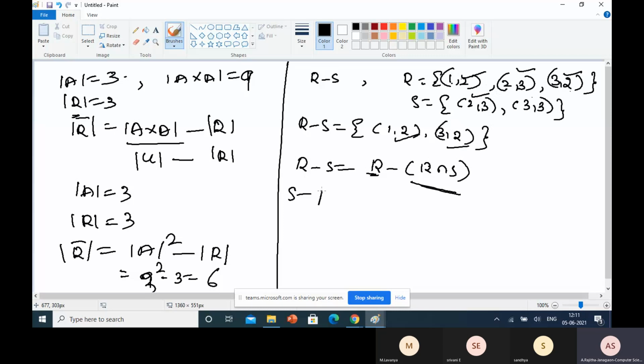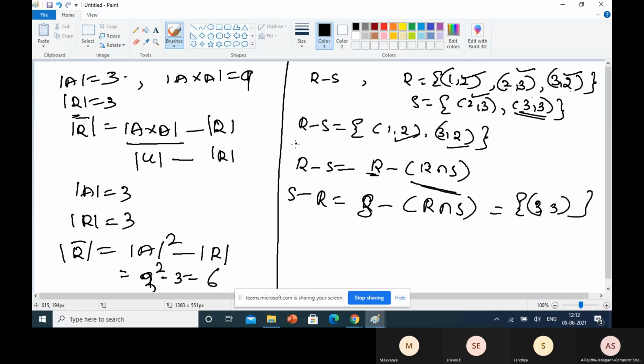Next, S minus R equals S minus R intersection S. That leaves only 3 comma 3. So this can also be written directly like this.